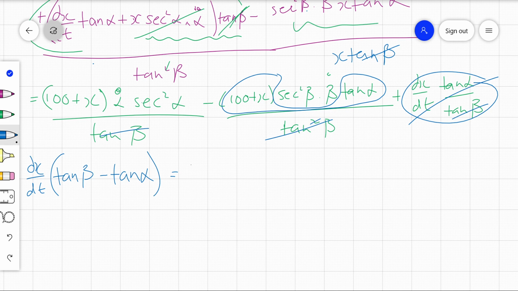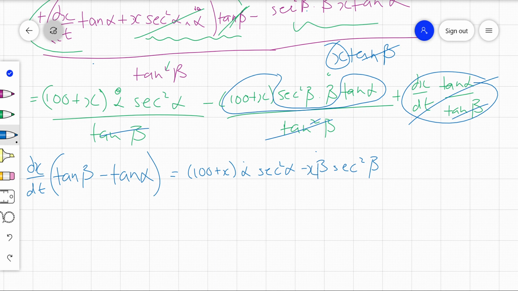So we've still got this first term, so we've got 100 plus x alpha dot sec squared alpha minus, and remember here we've got b dot sec squared beta, and this is times x. Don't forget that x there. I'll just put it here for a second.